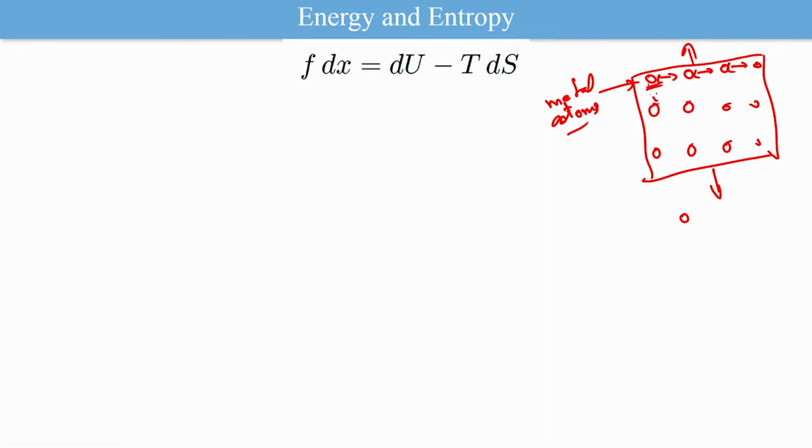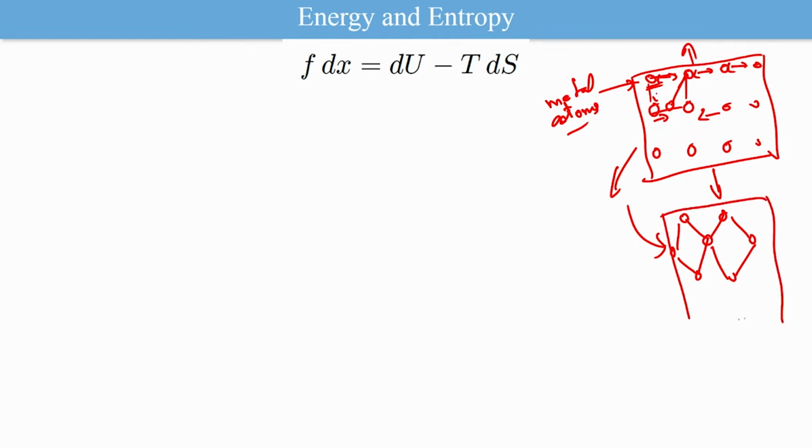So, if it was a crystal structure like this, it might deform to something like this. As you can see, if this atom deforms to something like this, this atom and this atom move in. So, you can see that there is a change in volume altogether.